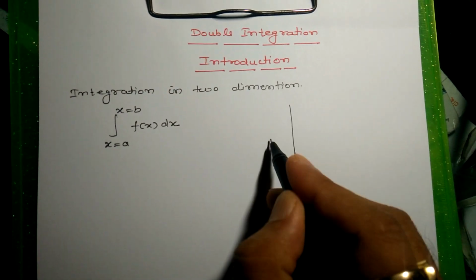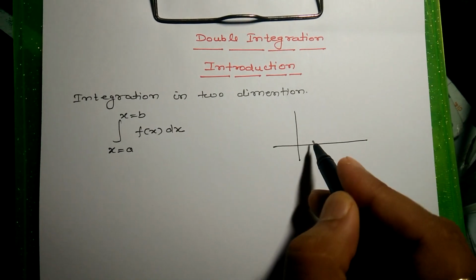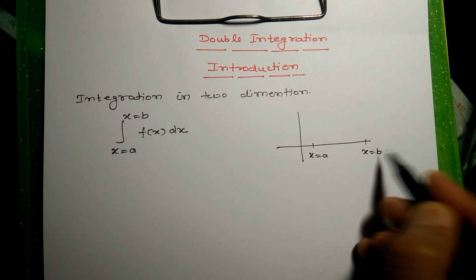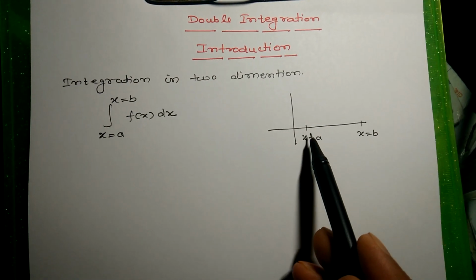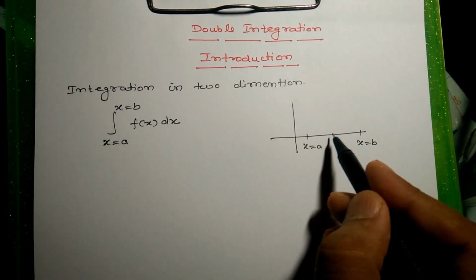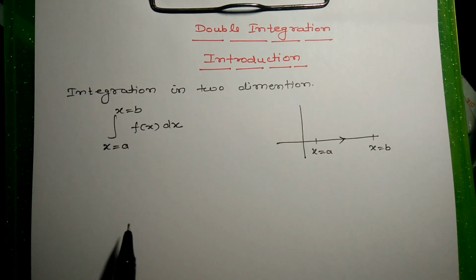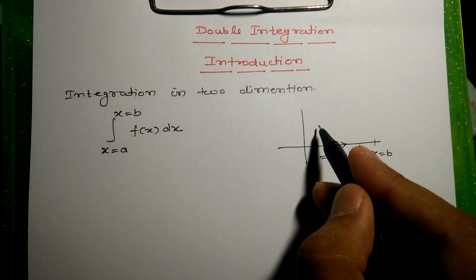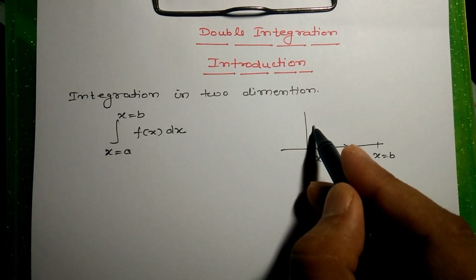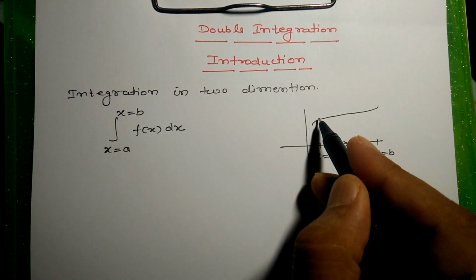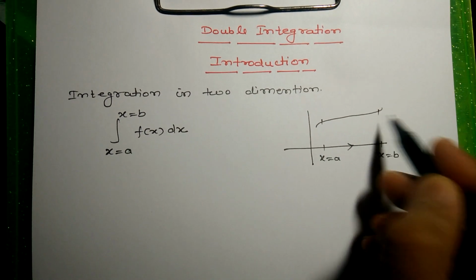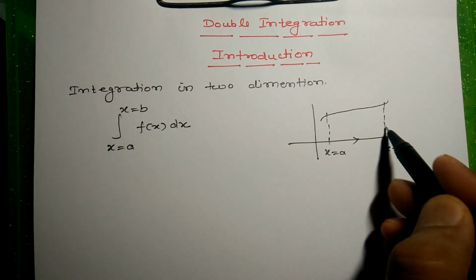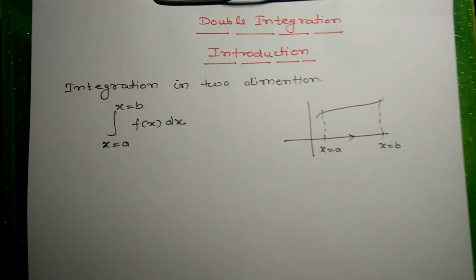Suppose x is varying from x is equal to a to x is equal to b along the x-axis, and correspondingly there will be variation in f(x). So f(x) is varying from one point to another. In this graph, I have drawn the curve of f(x).